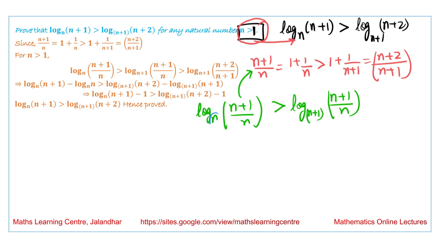In these two terms, it is the base n over here and the base n plus 1 over here. The base has increased. So we are saying that this value is greater than this value.